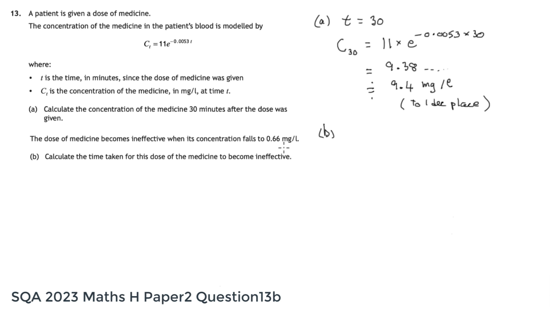So this time we know the concentration, and we're attempting to work out the length of time that lapses before that concentration is achieved. So that's our first piece of information. Let's substitute that now into this formula. So this time we don't know the time, that's what we're attempting to find, and there's the rest of the formula.